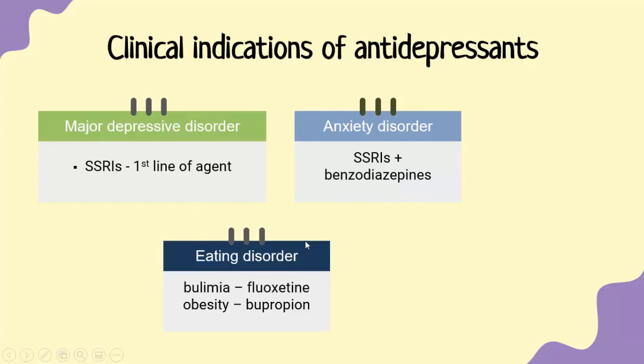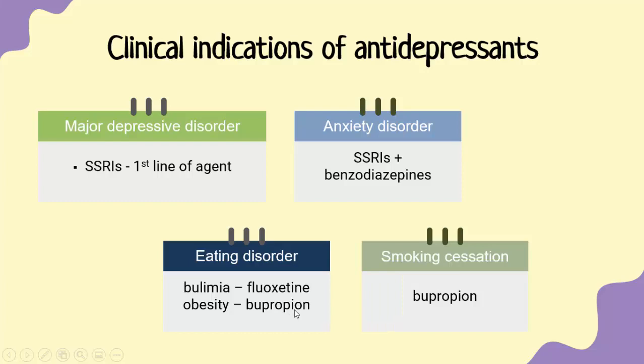For eating disorder, for example in bulimia nervosa, we can use fluoxetine, an SSRI, and for obesity, we can use bupropion. Bupropion can also be used to help patients stop smoking. So these are some of the clinical usages of antidepressants.